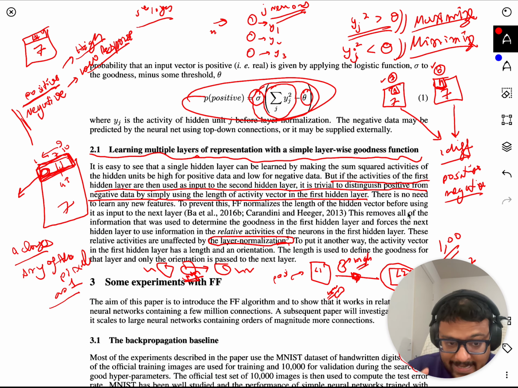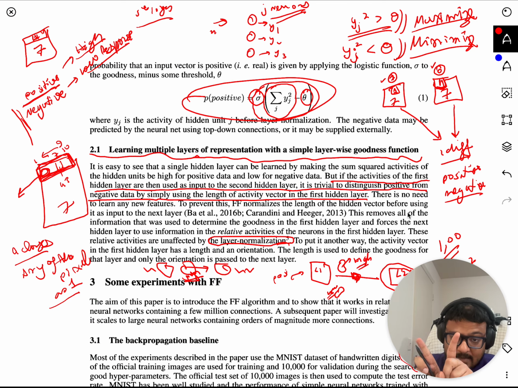And because the magnitude is now constant, the neural network again has to distinguish which vector belongs to the positive sample and which vector belongs to the negative sample. And since the length is identical, this job is very difficult. So that's the whole idea here: as you proceed from one layer to another, you want to destroy the information via layer normalization, so that what you end up with is equally normalized vectors, and you still have to distinguish which is a positive sample and which is a negative sample.